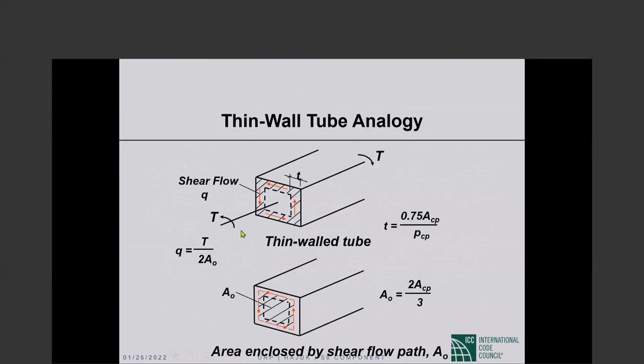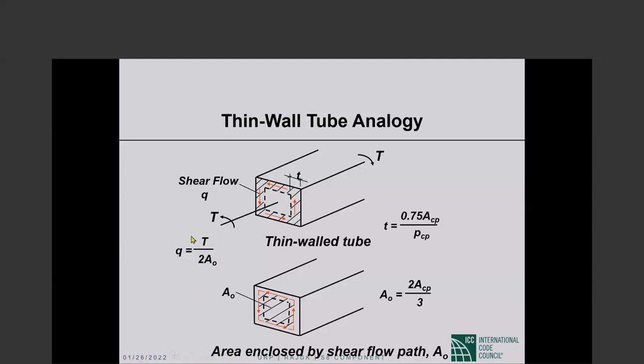This is the torsion that is twisting the member, causing shear stress in the walls of the thin-walled tube. The P sub cp and A sub cp I have explained to you. The shear flow q is T over 2 A sub 0, as was written on the next page.